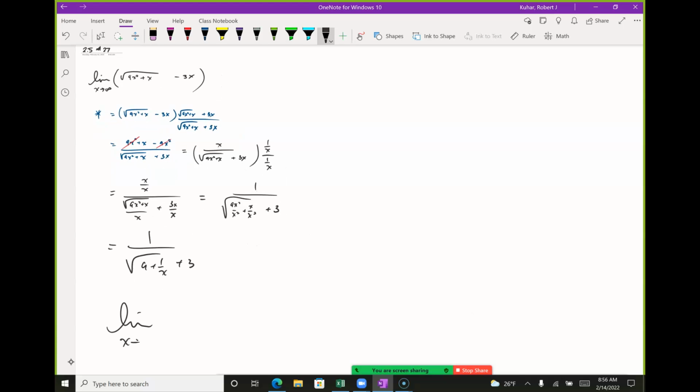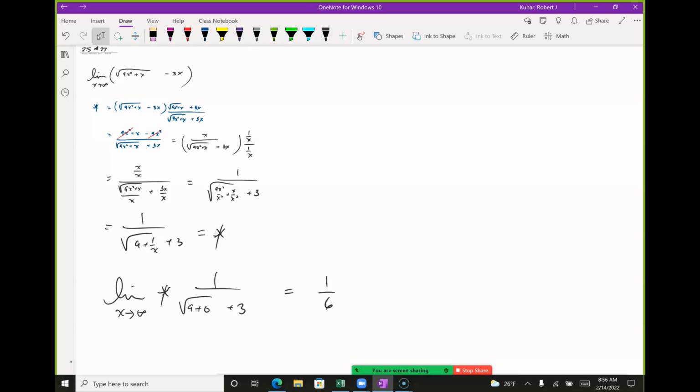The limit as x goes to infinity of star is 1 over the square root of 9 plus 0 plus 3. So I get 1 over 6. Crazy. Pretty crazy.